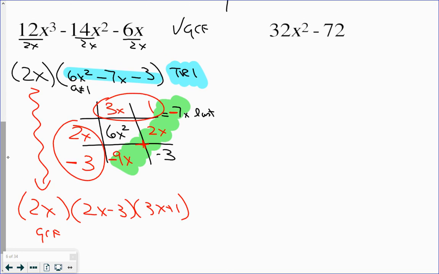Okay. Last question. First thing we do is check for GCF. What is the biggest number I can take out of 32 and 72? You may need to use your calculator for this. Not 6. Is there anything bigger than 8?